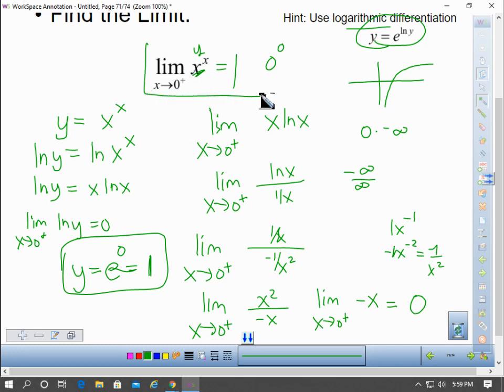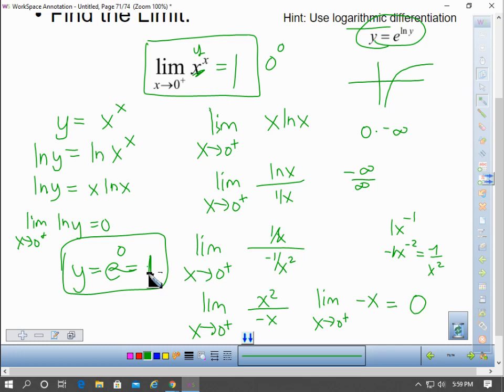Because when I do all of this work and do the limit, I end up getting a 0 answer. But that's the answer for the ln of y. So to fix it, I have to make that the exponent on e. So we have e to the 0, which anything raised to the 0 power besides the indeterminate ones equals 1. So that's my answer for that problem.